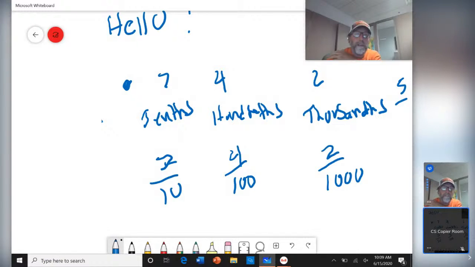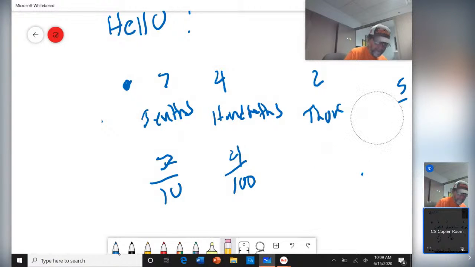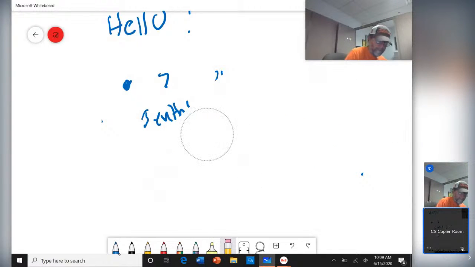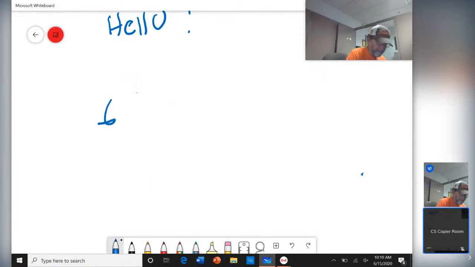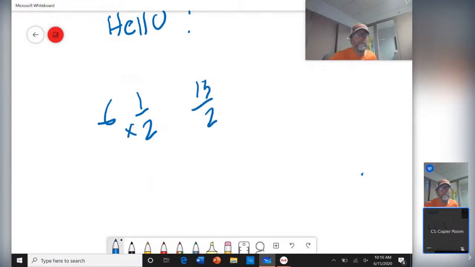Okay, so what I'm going to have you do now is, I just want to show you something really quick. Because when we were doing mixed numbers, when you were converting to a fraction, like 6 and 1/2, you would multiply the 6 times the 2, which is 12, and add the 1, so you would get 13 over 2.